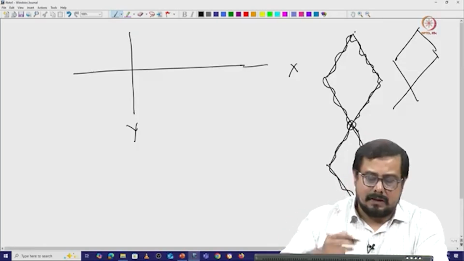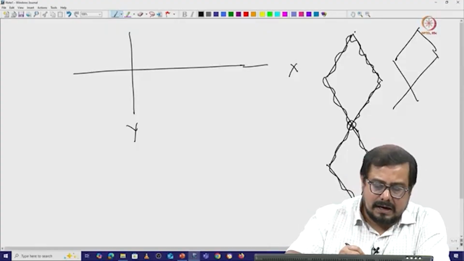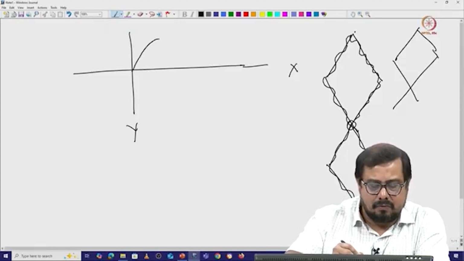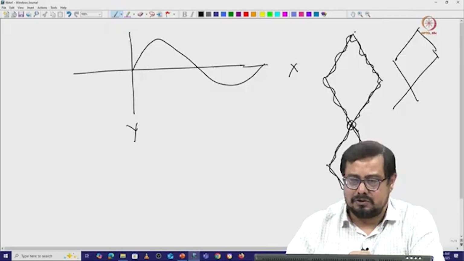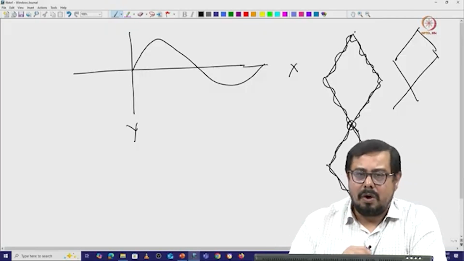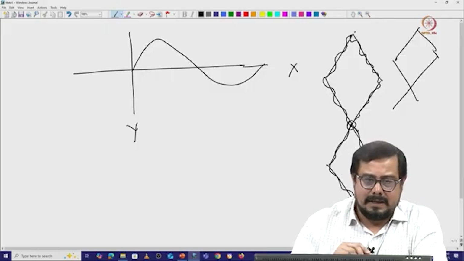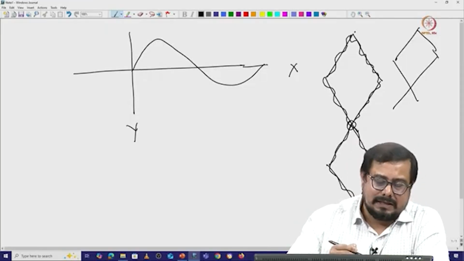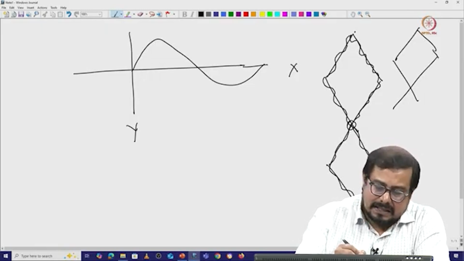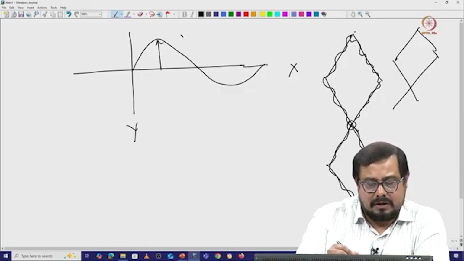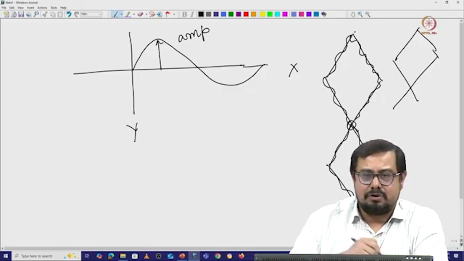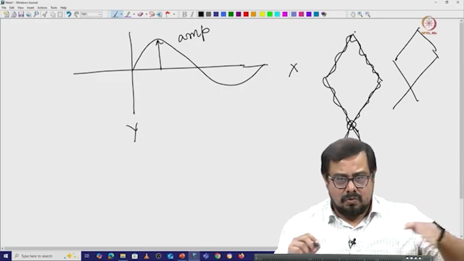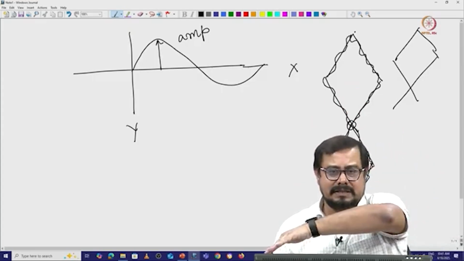So any wave, if we are starting a wave like this, it is going like that. What property do we have in this particular diagram? If we consider that this wave has an amplitude, this is called amplitude. Okay, so that height we are considering.